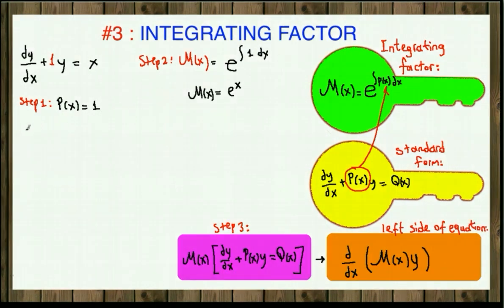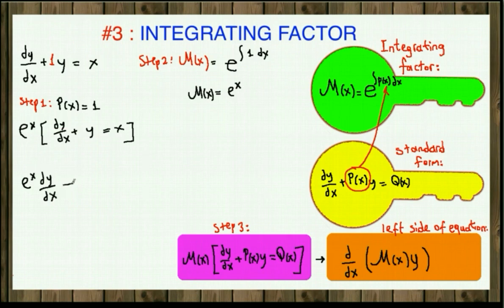Our integrating factor e to the x times the original equation dy/dx plus y equals x. If we distribute, we get e to the x dy/dx plus e to the x y, let's write it y e to the x, equals e to the x times x, let's write it x e to the x.